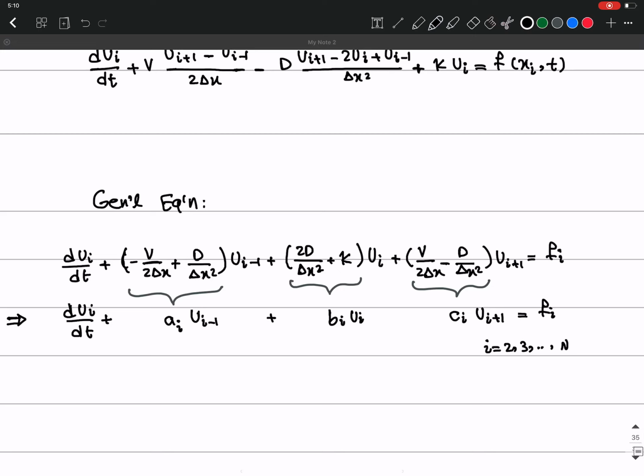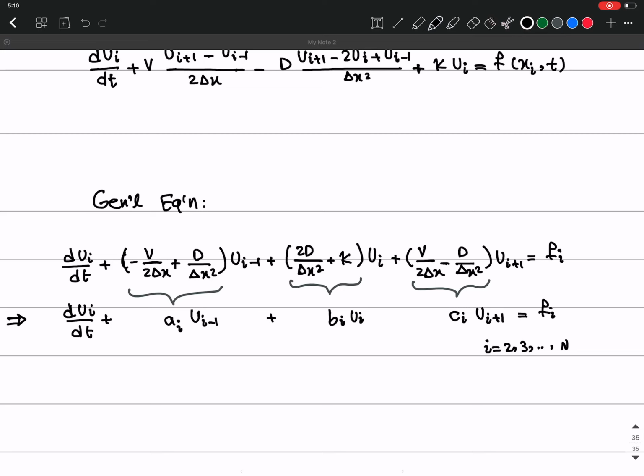Okay, so this is a simplified form of the equation. You can do this for all kinds of approximations and PDEs that you are trying to solve. So I now have the general equation for i equals 2, 3 to n.